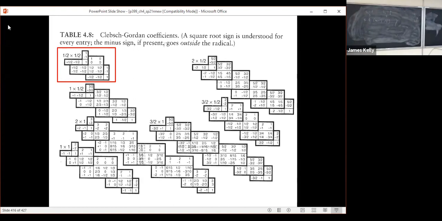So I'm looking at this particular 1, 0 here. That's combined S equals 1, combined M sub S equals 0. So I'm going to write that down. And it tells me how to write it as a linear combination of spin up and spin down in a way that we've already seen.